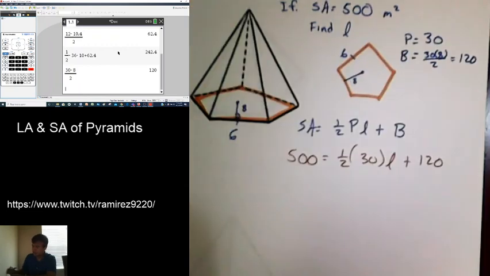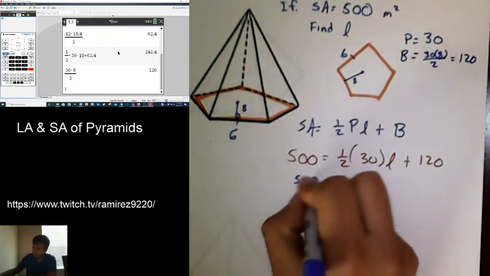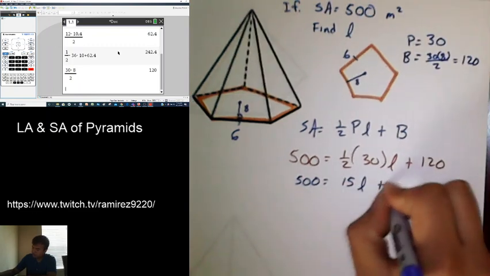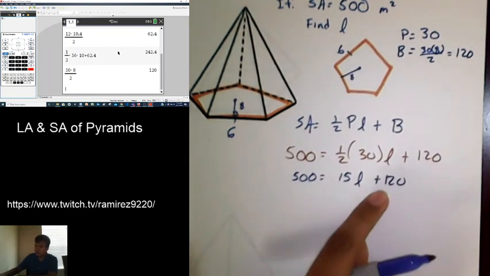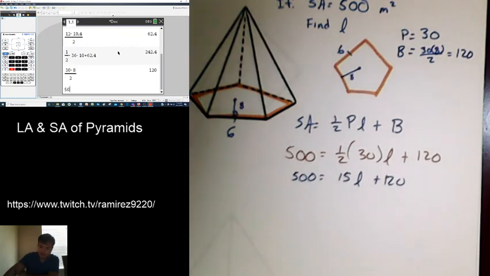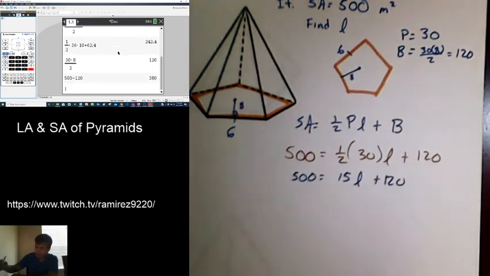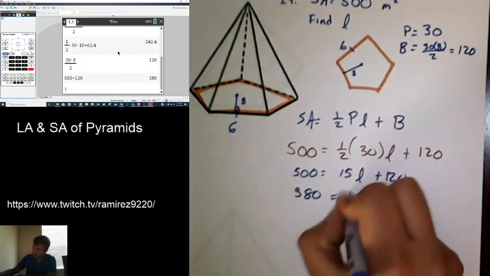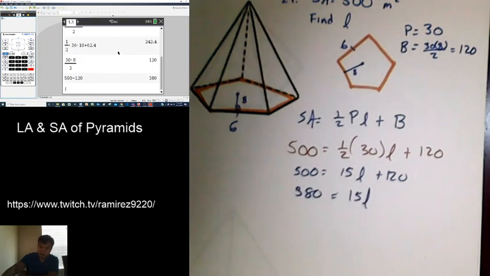And we just work it out, algebra, right? So 500 is equal to 15 times L plus 120. And again, it's just a matter of moving the 120 to the other side, and then dividing by 15.